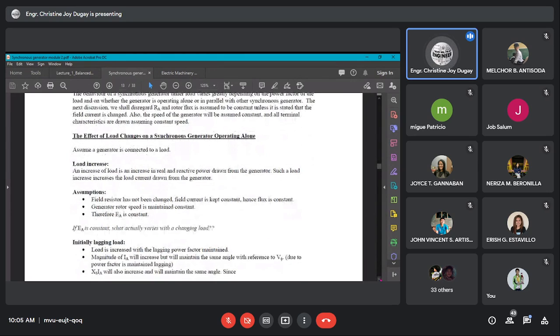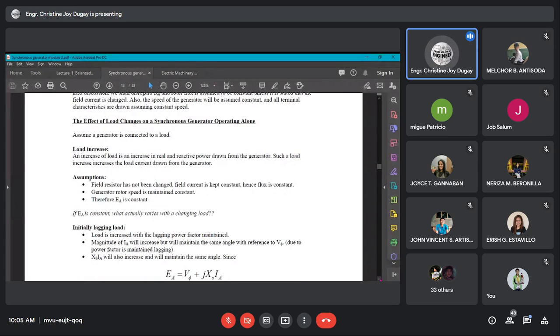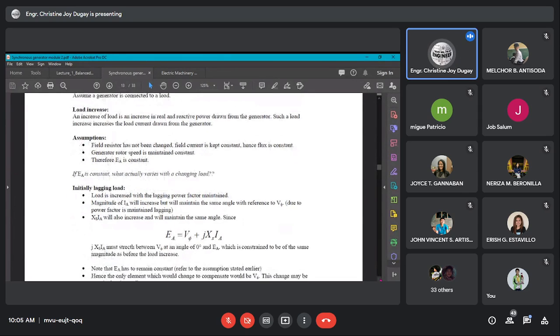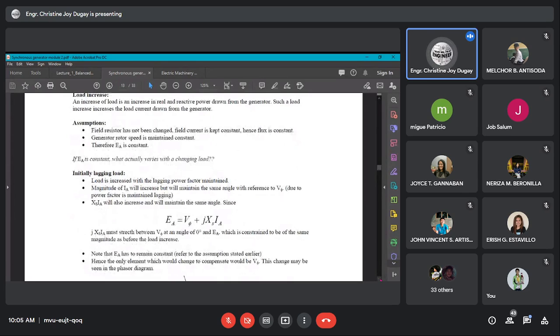So if EA is constant, what actually varies with the changing load? Initially, for our lagging load, the load is increased with the lagging power factor maintained. So the magnitude of IA will increase but will maintain the same angle with the reference of V phase, because the power factor is maintained lagging. The jXSIA will also increase and maintain the same angle.